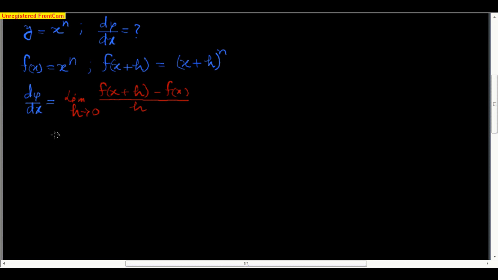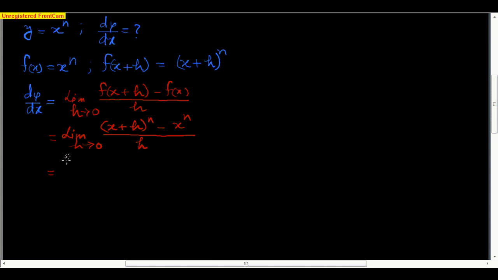Now we will put the value here. Limit h tends to 0, f of x plus h is x plus h whole power n. So x plus h whole power n minus x power n upon h.